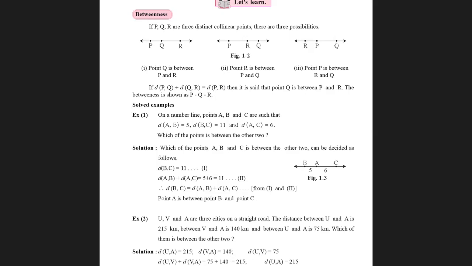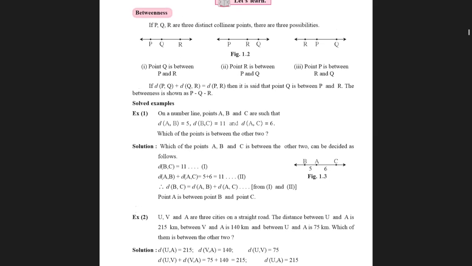And the third possibility, point P lies between points R and Q. Okay, so these are the 3 possibilities. Now, it can be shown like this. If distance of PQ plus distance of QR equal to distance of PR, it is said that point Q is between P and R, and it is represented as P-Q-R.